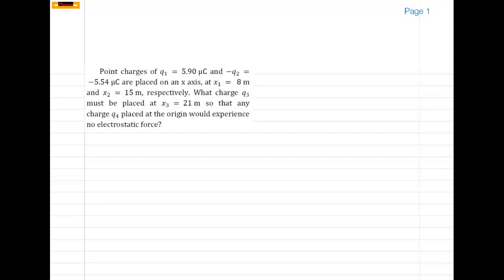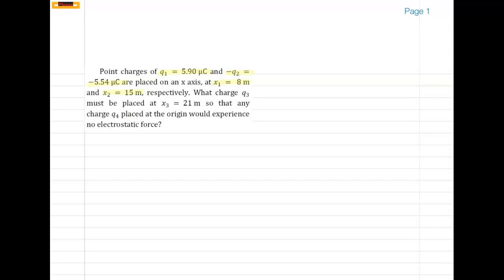So point charges of Q1 equals 5.90 microcoulombs. That's the first thing. And then the next item is negative Q2 is equal to negative 5.54 microcoulombs, are placed on an x-axis at x1 equals 8 meters and x2 equals 15 meters.